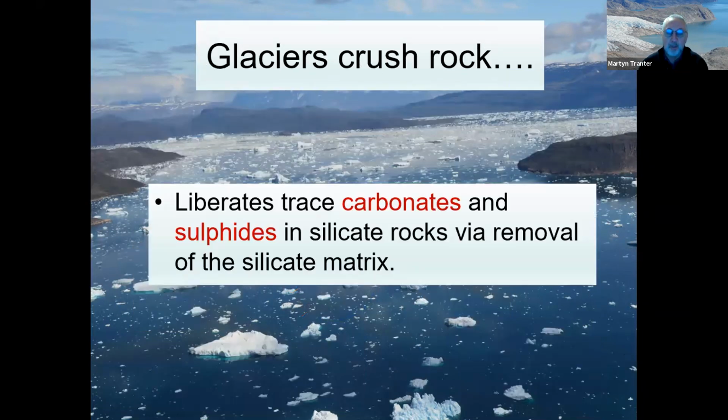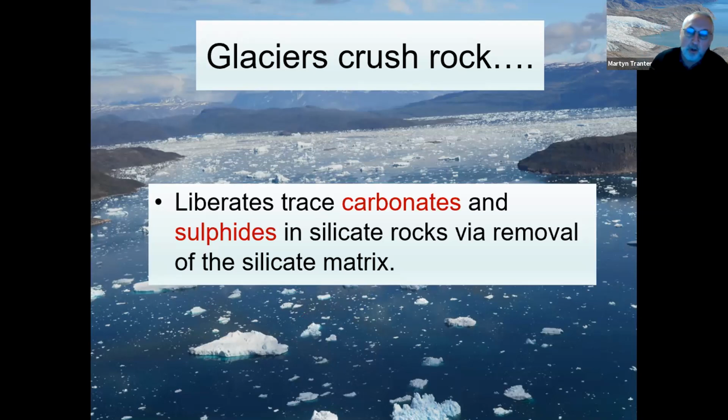So when I started my PhD back in 1978, all I knew about glacial erosion was that, as far as I was concerned, it crushed up silicate bedrock to liberate the trace carbonate and sulfide minerals that are present in most silicate rocks and bedrock.